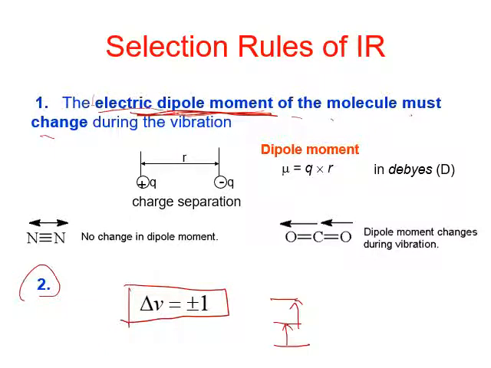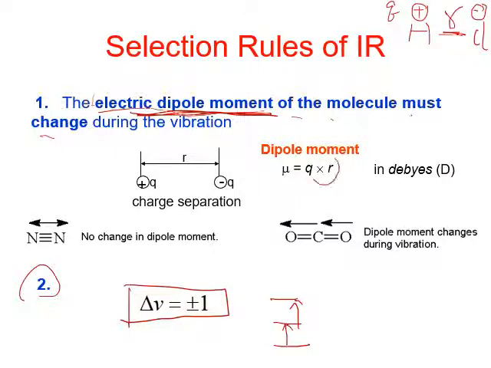For example, hydrogen chloride: hydrogen is partially positive and chlorine is partially negative. So this bond has a charge separation, and the dipole moment is calculated by this charge separation multiplied by the bond length.